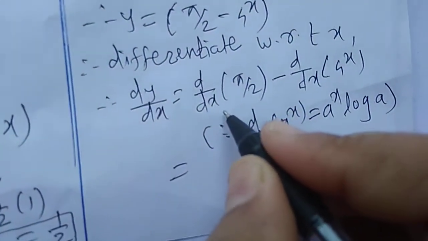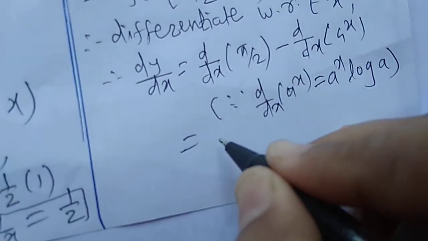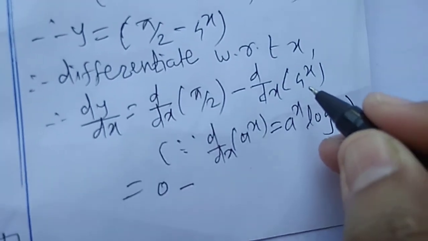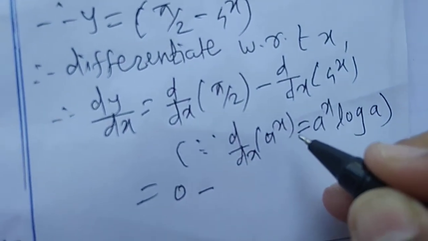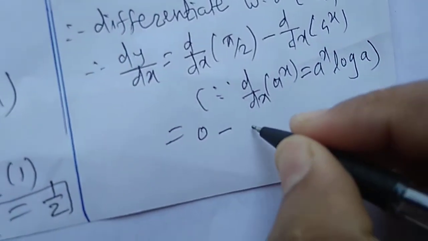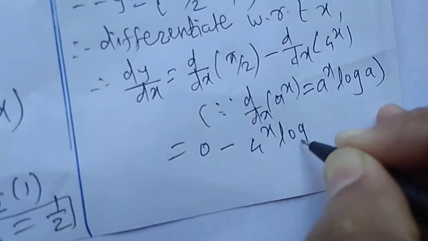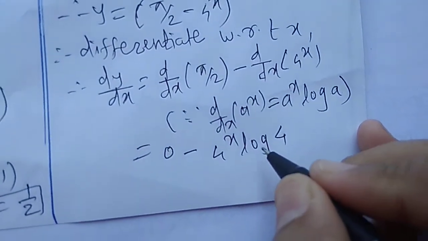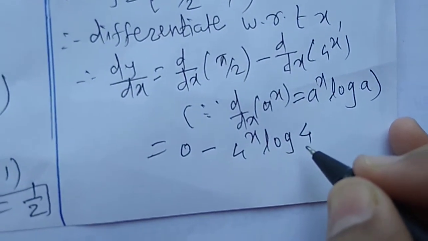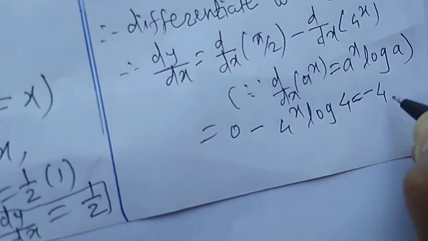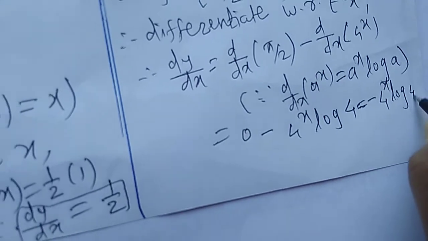Now d by dx of pi by 2, which is constant, its derivative is 0, minus d by dx of 4 raised to x, which is in the form of a raised to x. So a means 4 here, so a raised to x, that is 4 raised to x, log of a, that is log of 4. So we got 0 minus 4 raised to x log of 4, that is minus 4 raised to x log of 4.